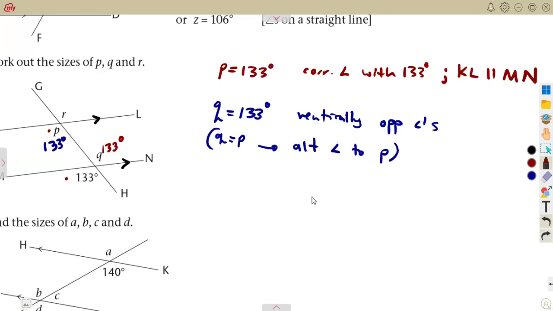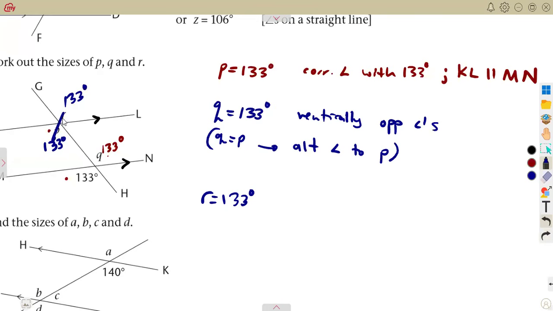So angle R, we can use again the corresponding angles because we are forming an F like this. So this angle Q and angle R are equal corresponding angles. You can use that, or we can use the vertically opposite angles here between R and P. So R at the end is going to be also equal to 133 degrees.